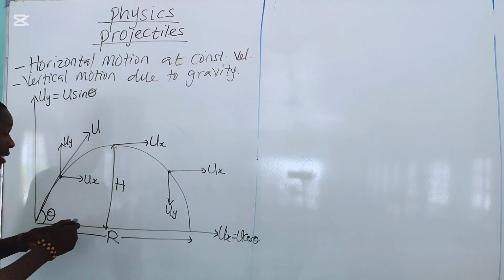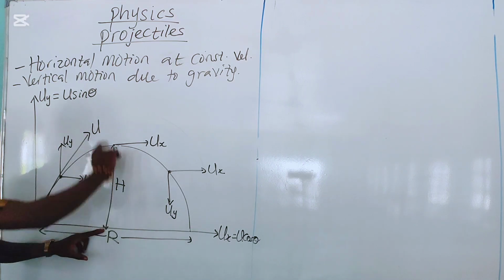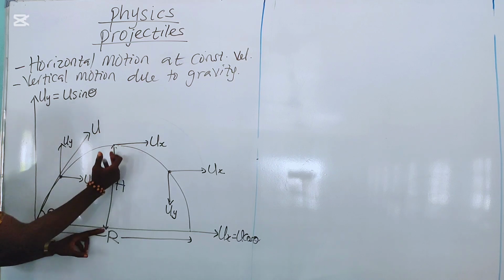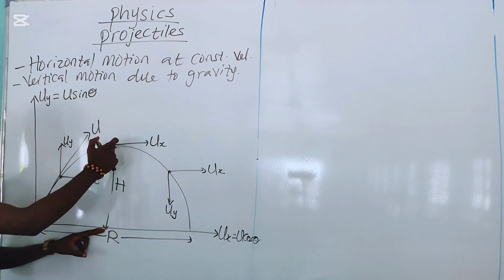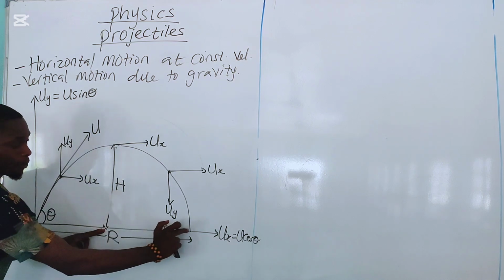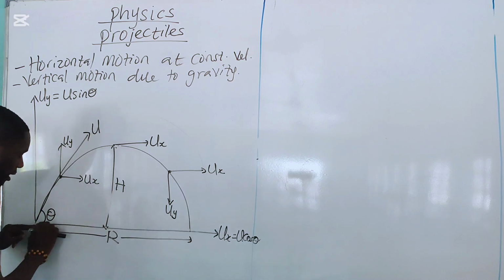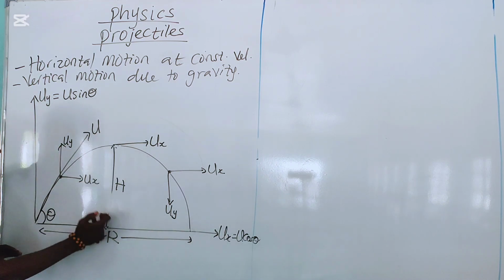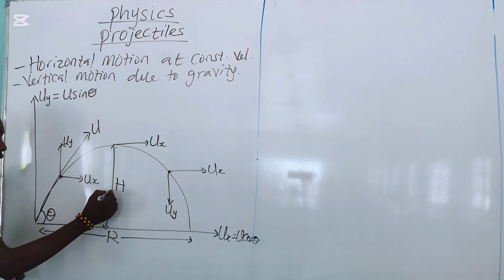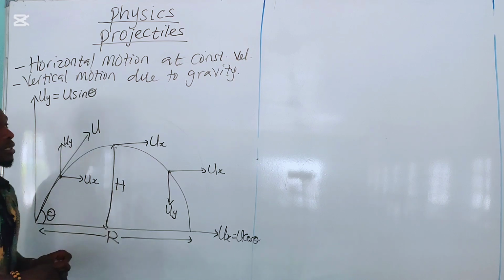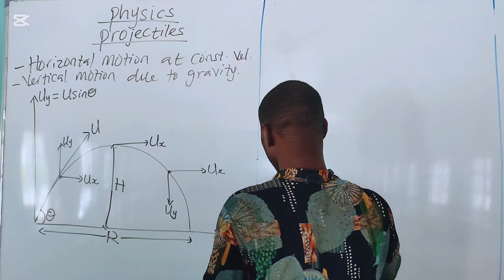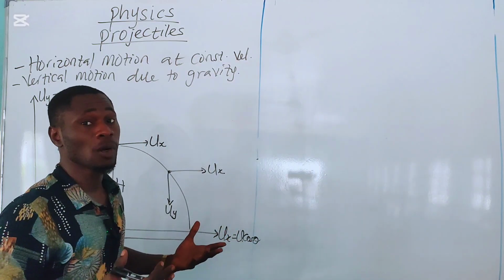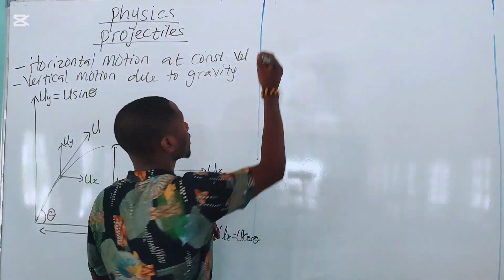So we are saying that it is the highest vertical height or distance moved by the projectile from the point of projection or from the projection plane. This horizontal line is considered the projection plane. So this highest vertical distance is called the maximum height. Okay, so an equation for the maximum height of a projectile.